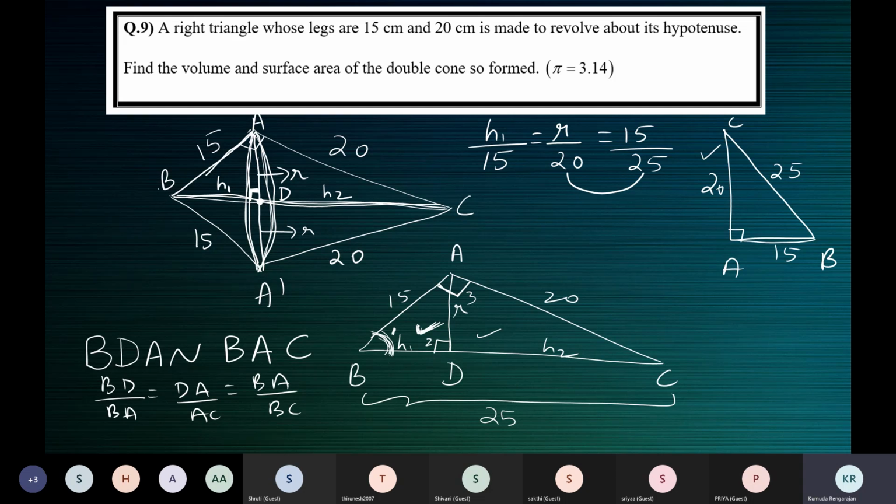Please work out and find the value of R. Similarly, you can equate H1 by 15 is equal to 15 by 25 and find H1. Once you find H1, H2 will be 25 minus H1. That's it, we got everything.